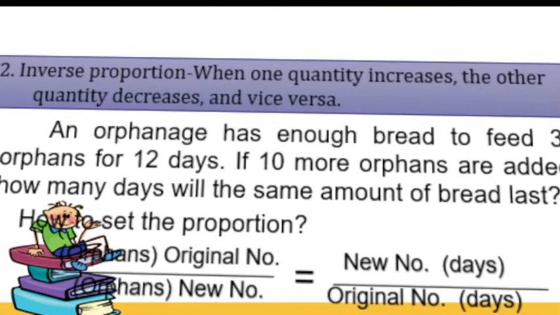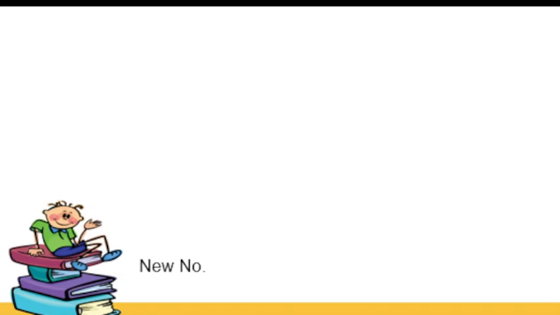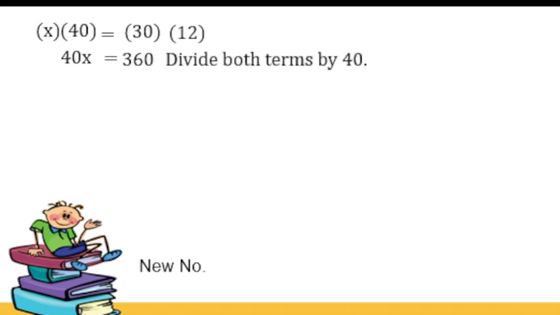Okay, so that will become x times 40 is equal to 30 times 12. So that is 40x equals 30 times 12, which is 360, and then divide both terms by 40.